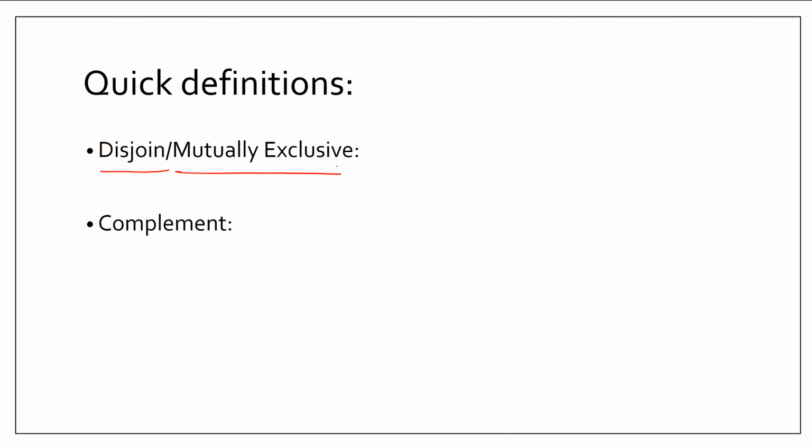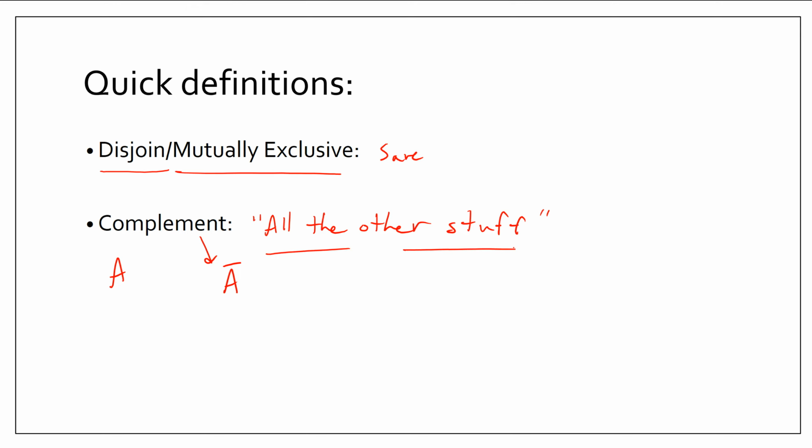Disjoint, mutually exclusive, we'll save it for class, but I want to remind you what a complement is. A complement is best defined as all the other stuff. And what we learned is that you can notate the complement of A with a bar, like a little line over it. And remember that since you have all of the other stuff, if you're adding up A plus the complement, it should be the total stuff.